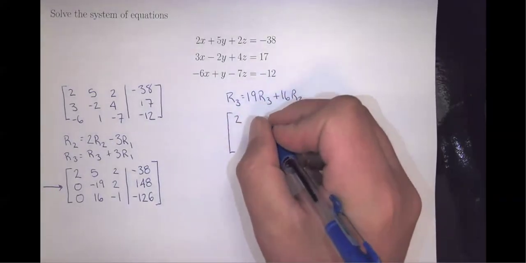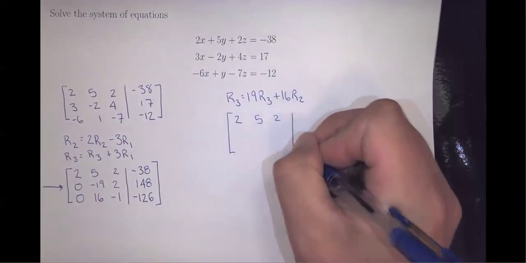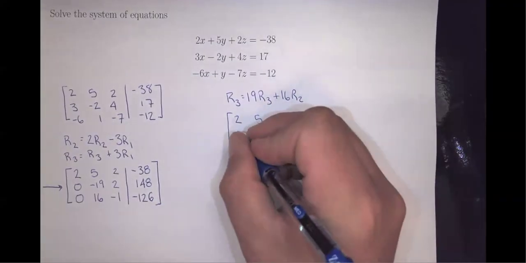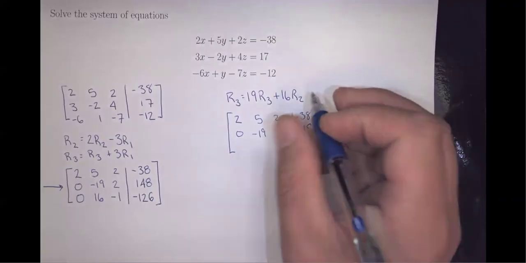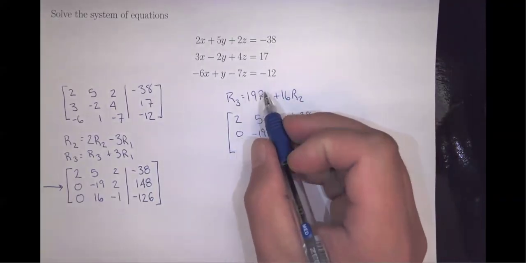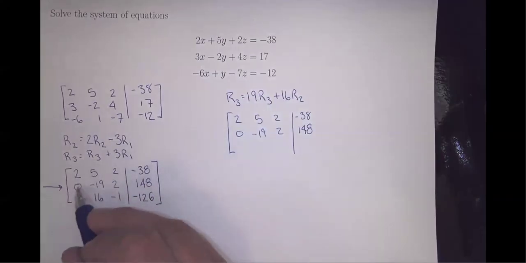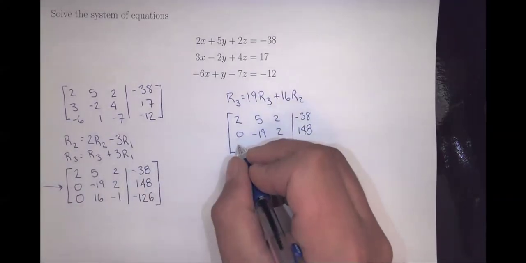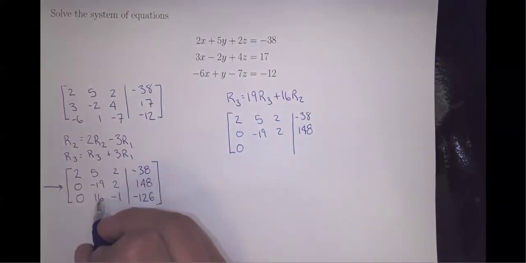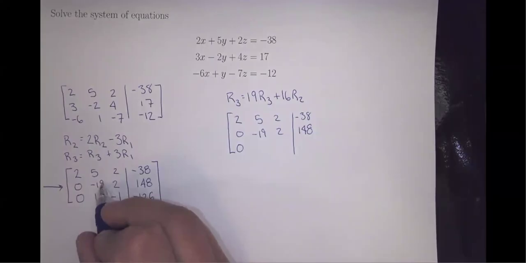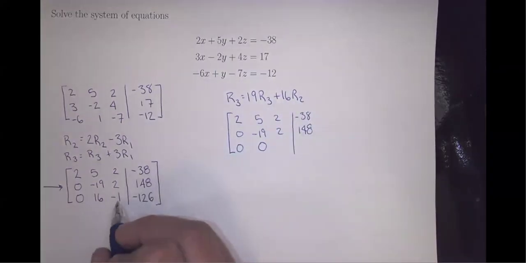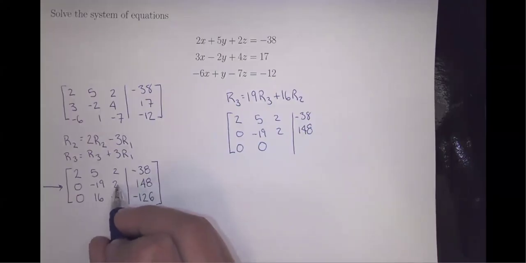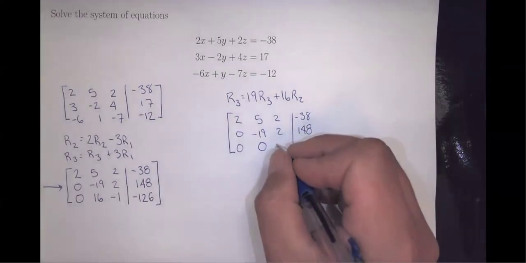So my first 2 rows stay the same. And my third row becomes 19 times 0 plus 16 times 0 is 0. 19 times 16 plus 16 times 19 is 0. 19 times negative 1 plus 16 times 2 should give me 13.